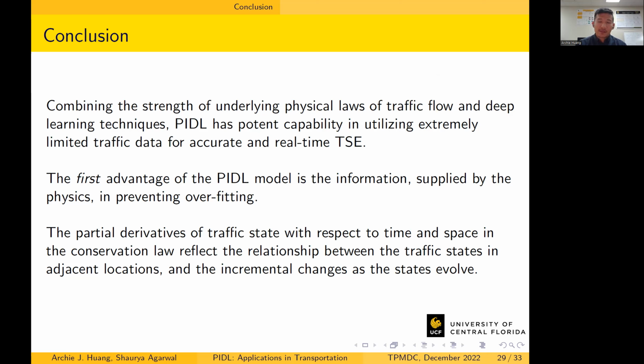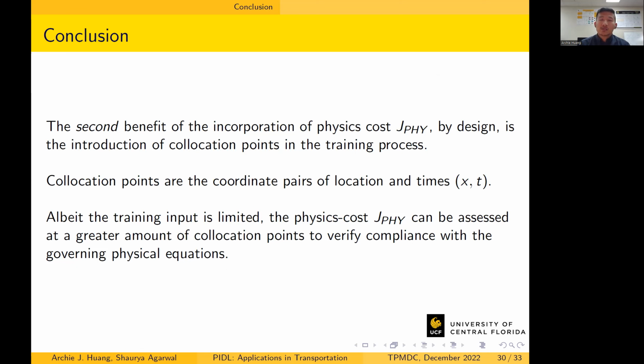The second benefit is, as we talked about at the beginning of this presentation, traffic observations or available training data can be very limited in the transportation domain. But the advantage of computing the physics cost is that the collocation points where the physics cost is computed can come from everywhere in the X-T two-dimensional space.